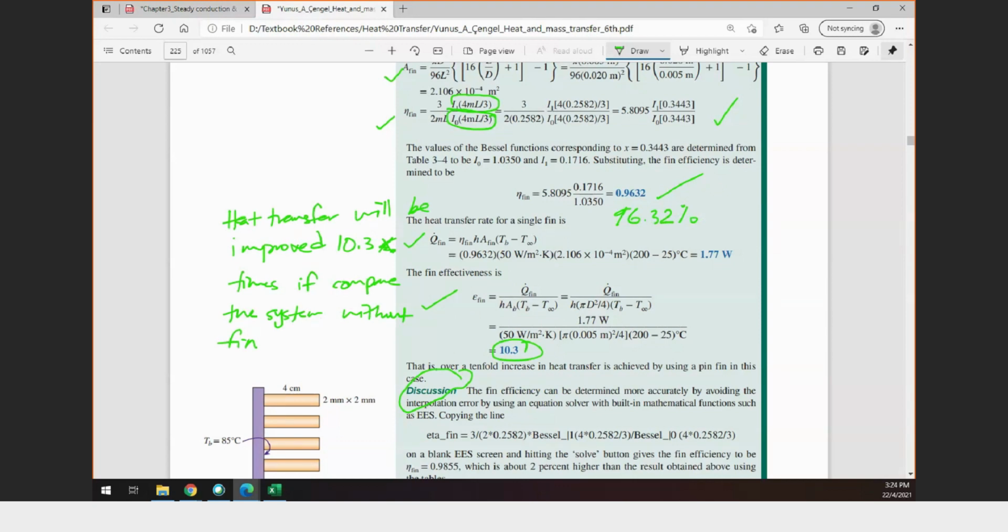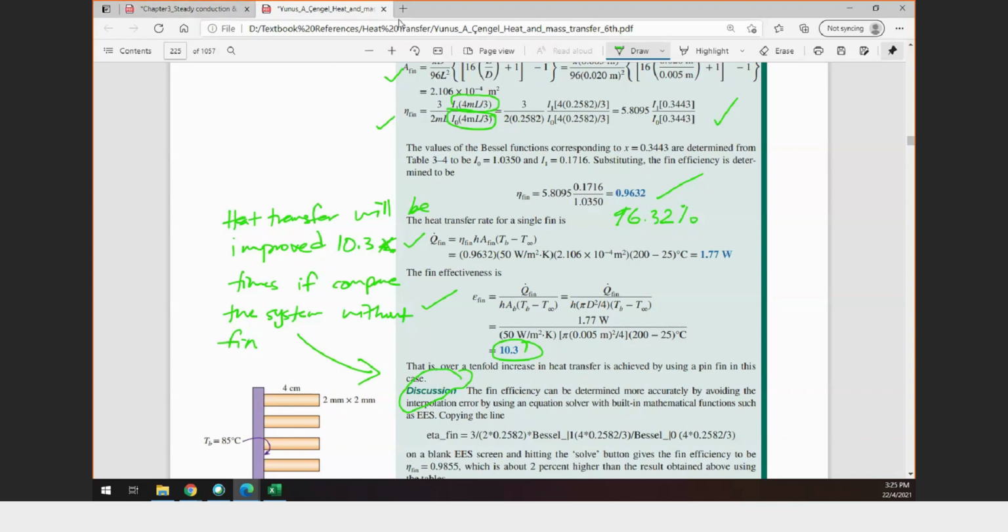Okay, the system will be improved 10 times. You can reword this one: the heat transfer will be improved 10.3 times compared to the system without fin. So this is the kind of discussion that you can put in your final analysis.